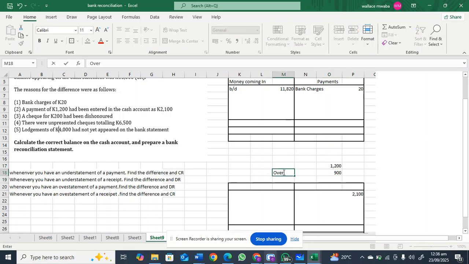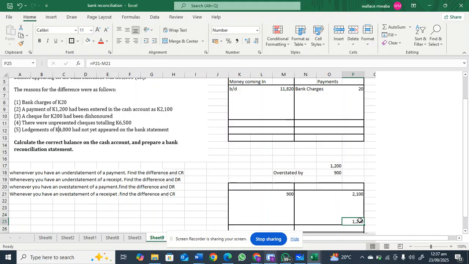The payment is overstated by 900 kwacha. So we need to debit the cash book 900 kwacha. Because if we debit, we're going to see 2,100 minus this 900 kwacha. We've reduced the overstatement and we've got the correct amount.